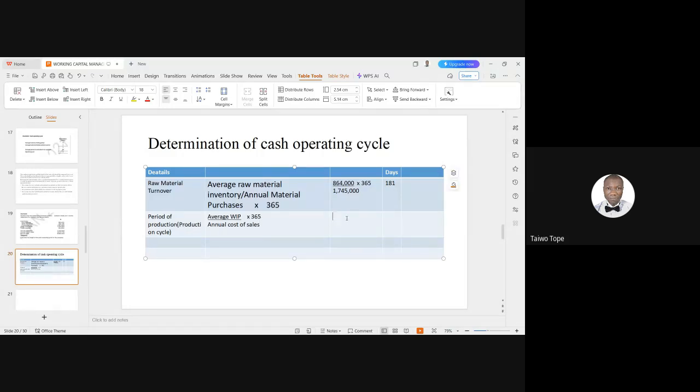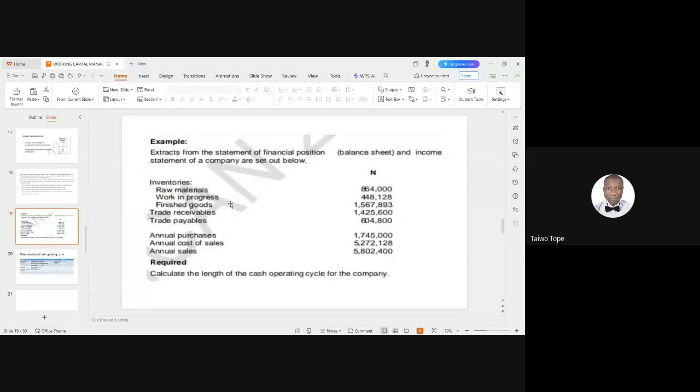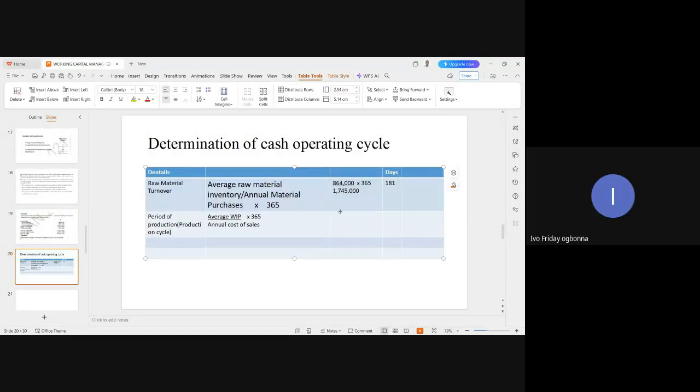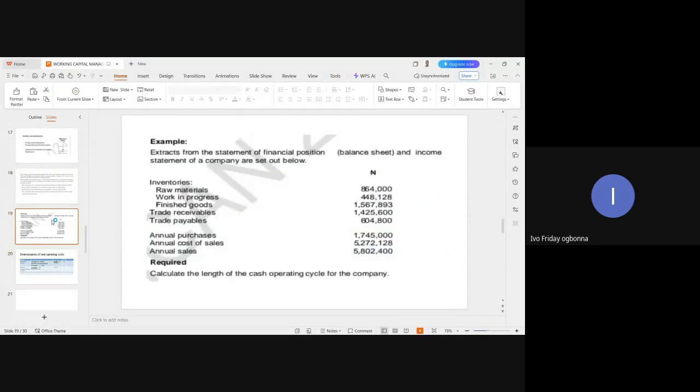So based on the question, what are the variables? Work in progress: 448,128. Divide by what?